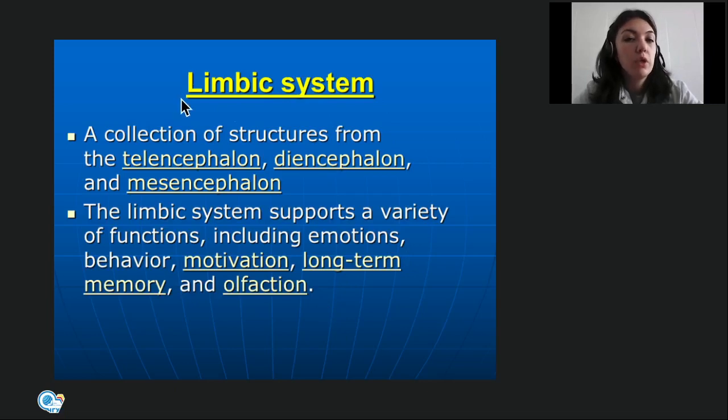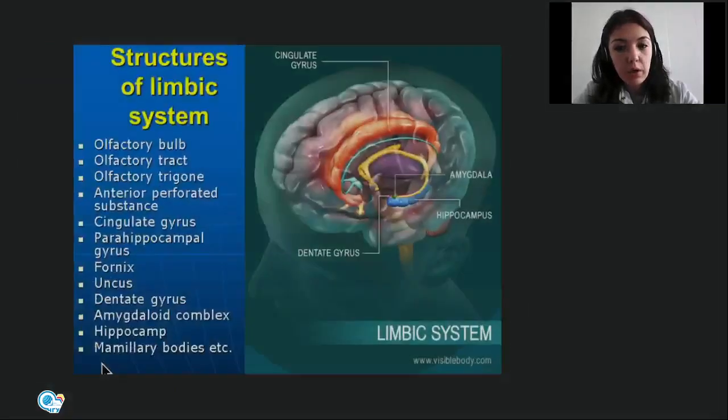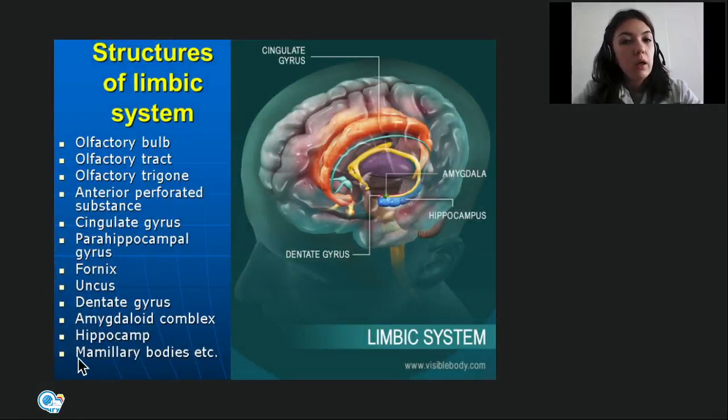A collection of structures from the telencephalon, diencephalon, and mesencephalon comprises the limbic system. So which structures exactly are included here? This is, again, the olfactory bulb, we have already seen it. Olfactory tract, olfactory trigone, anterior perforated substance, cingulate gyrus, parahippocampal gyrus, uncus, dentate gyrus, fornix also.